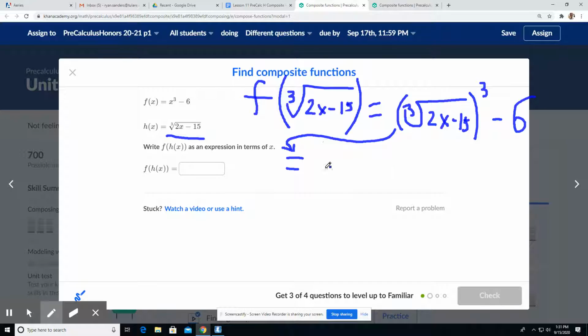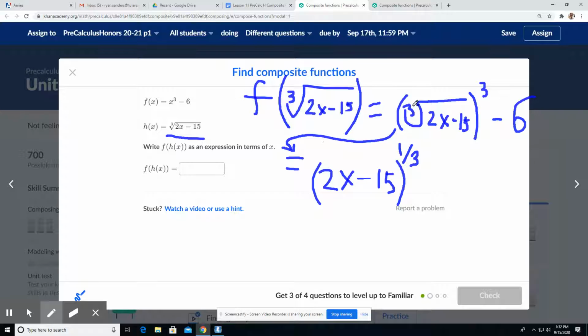So the cube root is the same thing as what? How can I rewrite the cube root? Do you remember what kind of exponent means cube root? Well, it's the 1/3 power. It's a fractional exponent.